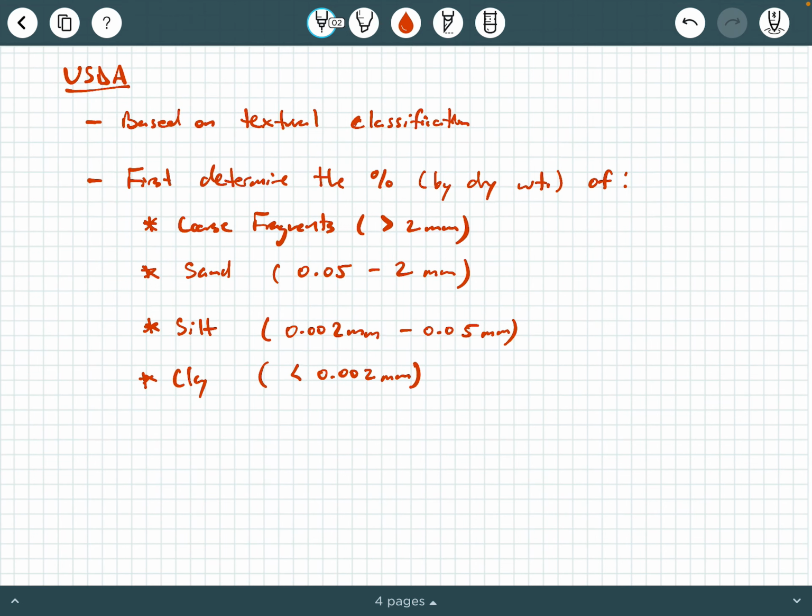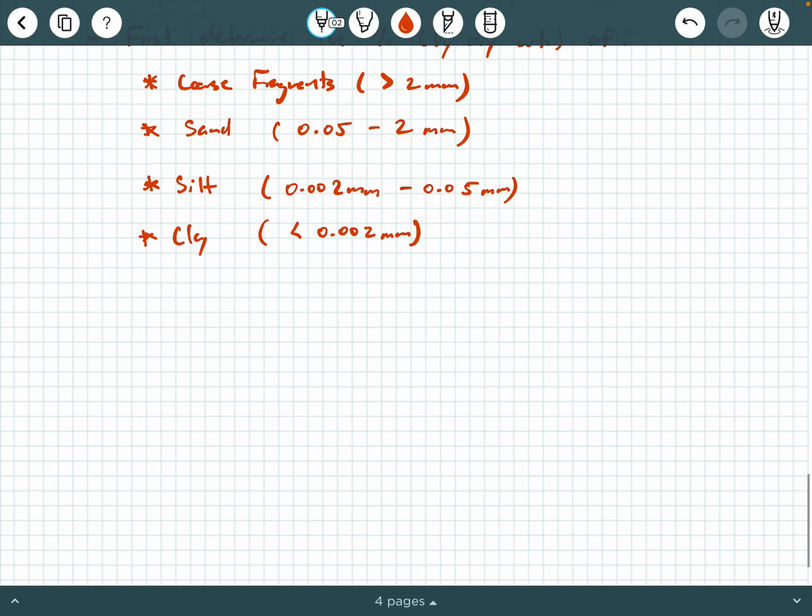All right. And then the next thing we do is we compute the total weight of the sands plus the silt plus the clay.